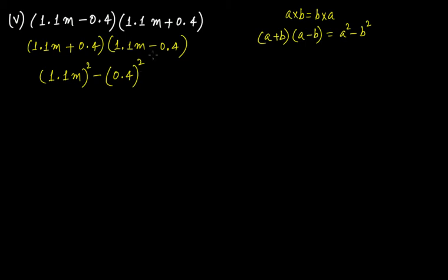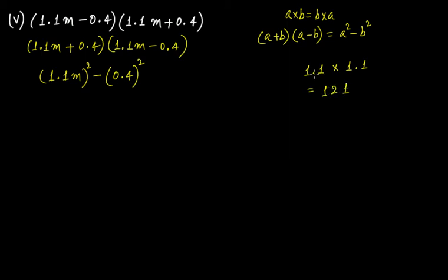Now 1.1 means what? 1.1 multiplied by 1.1. So first you multiply 11 multiplied by 11. 11 multiplied by 11 is 121.